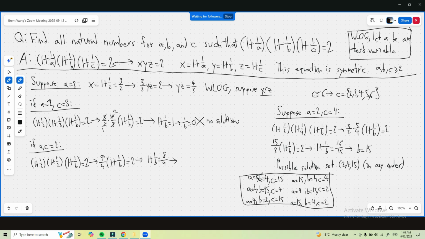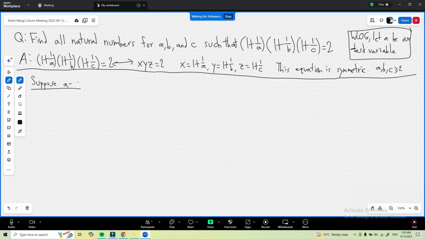But then 1 over B is equal to negative 1 over 9. No, B can't be negative, so there are no solution sets here either. That means we've found all possible solution sets for the value 2, so we can move on to 3.